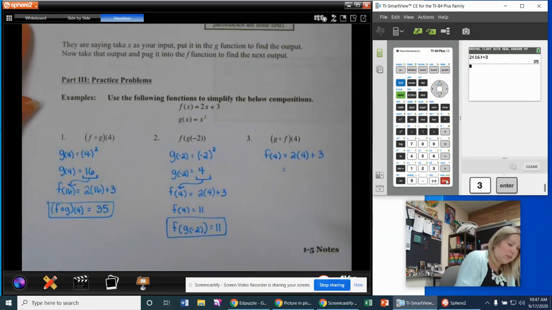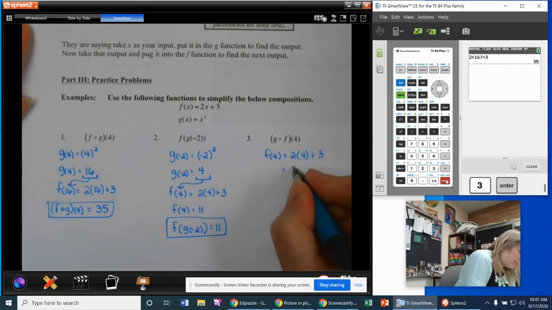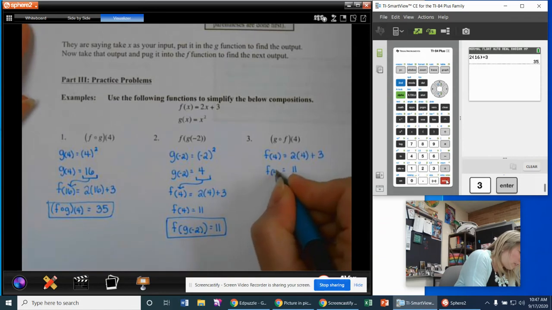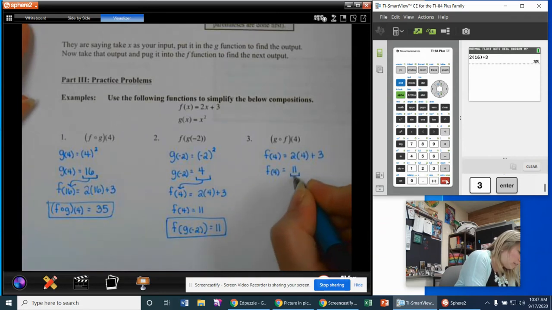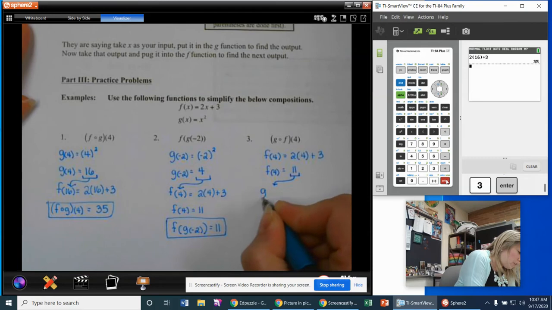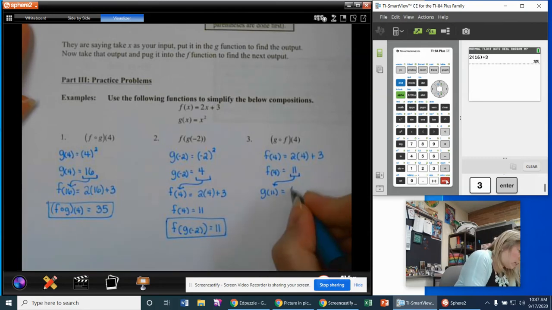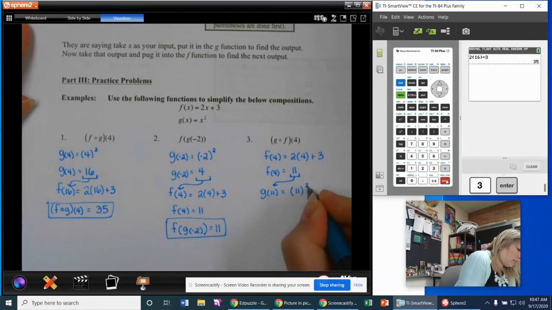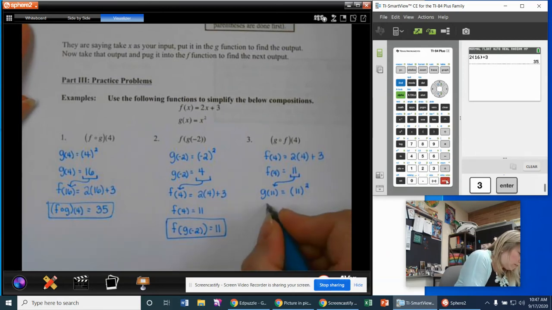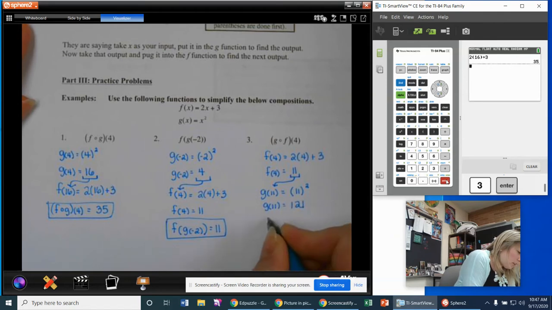Hey, we just did that. That was 11. So now 11 is the input in my g function. g of 11 is 11 squared, which happens to be 121. So g of f of 4 is equal to 121.